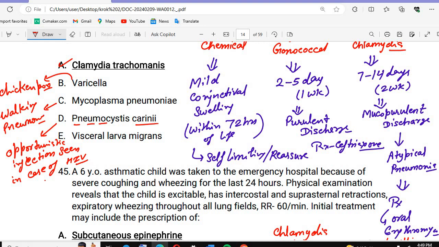The immune system is suppressed in HIV patients, so there can be loads of infections, superinfections or opportunistic infections because of immunosuppression. Pneumocystis carinii is an example of an opportunistic infection seen in HIV. Okay, I hope this is clear and done.